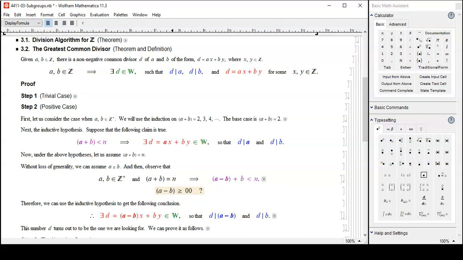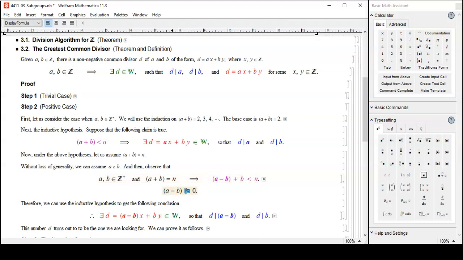We got up to here. Strictly less than 0, maybe not there yet, but less than or equal to 0, okay, we got up to here. If it is strictly greater than 0, fine, we can use the inductive hypothesis and we get this conclusion. We don't have to consider when this thing becomes negative, because we can rename A and B. Without loss of generality, we can assume this is greater than or equal to 0.